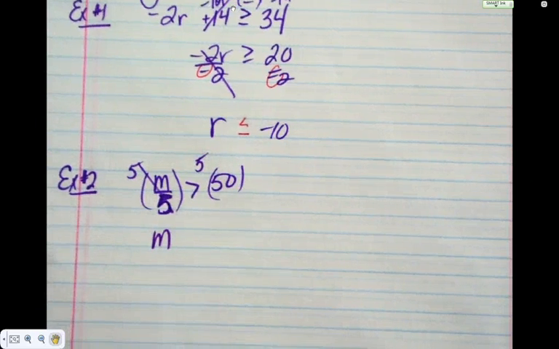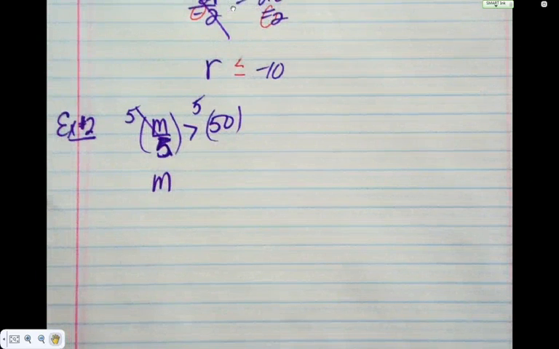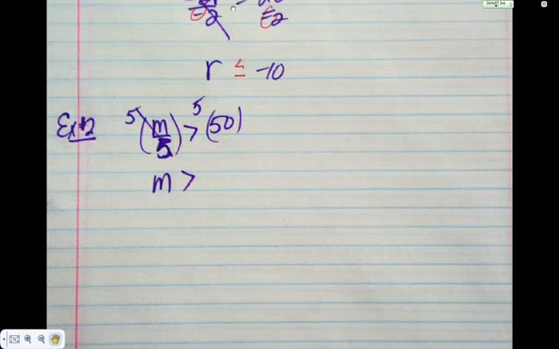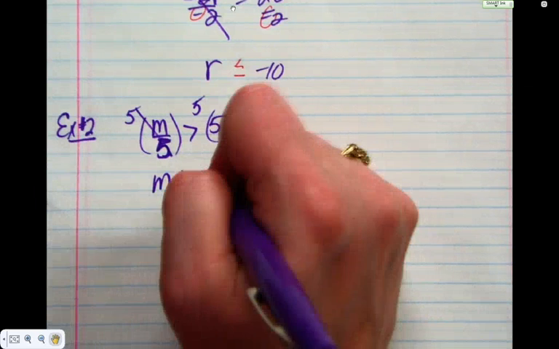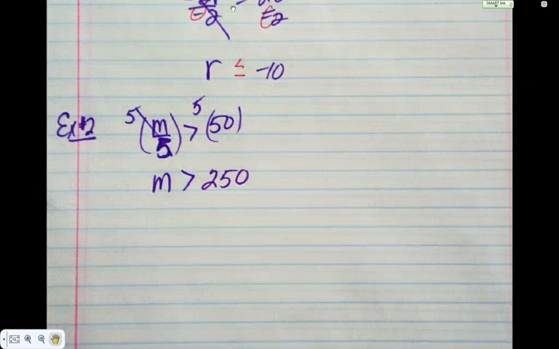So we're left with just m on the left-hand side. Do we need to flip the inequality? Why not? Didn't divide by a negative, so it's going to stay as a greater than. And on the right, I have 5 times 50, 250. Do you see the similarity to solving equations?